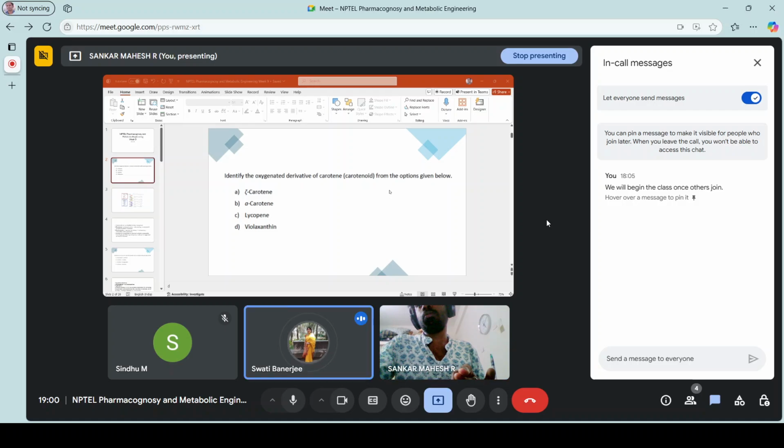You are asking precursor or... No, no. So the derivative of carotene, which has an oxygen.